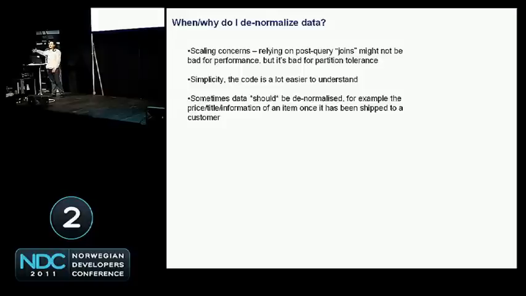Because that product's going to change in the future, the price is going to go up and down, the name's going to change, it's going to disappear, it's going to be not deleted, but decommissioned or whatever. So actually, I might want to normalize that data just because it makes logical sense to do so. And because of the schemaless nature of a document database, it's very easy to do that, because you just dump data in. So I get to say, yeah, when this product shipped, it was this price, it was called this, this is information about it.